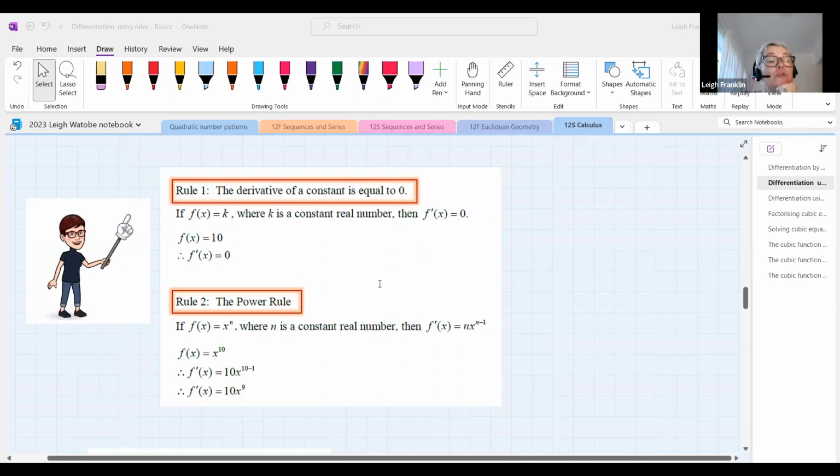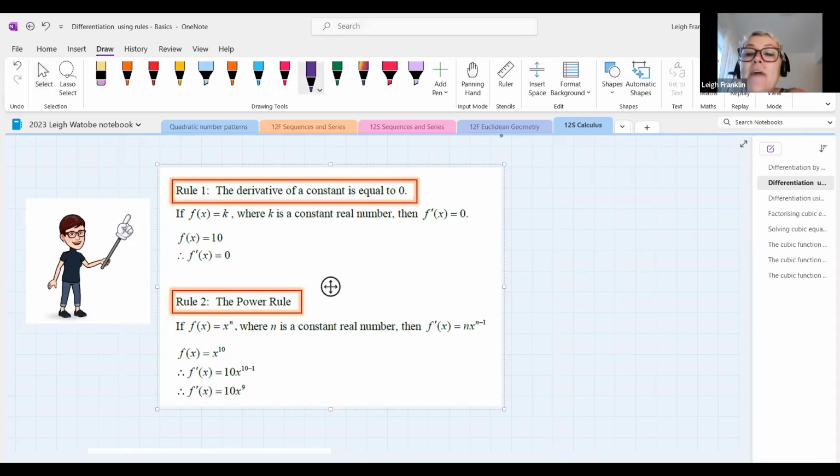Okay. So the two rules that you really need to know. The first one, the derivative of any constant always equals 0. Now, the reason for that is because if you have a function y equals 3, think about that. If I was going to draw that on the Cartesian plane, what would it look like?